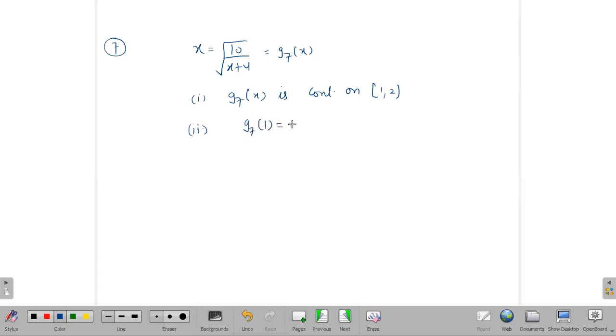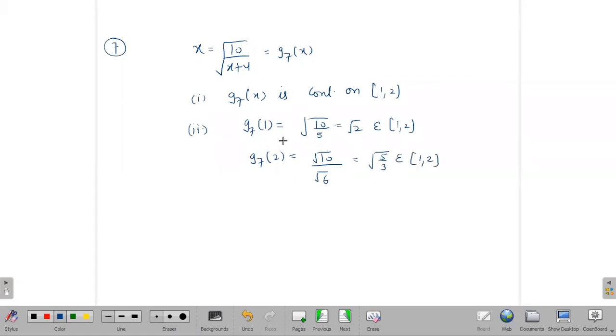G7 at 1 is root 10 by root 5. Root 2 is approximately 1.4 something, which belongs to [1, 2]. And G7 at 2 is root 10 by root 6. So it is root 5 by 3. What is the value of this? It belongs to [1, 2] or not? It belongs to [1, 2].